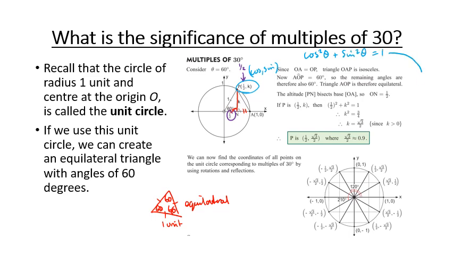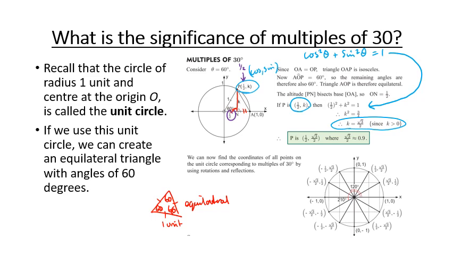Now we can use this formula and substitute our cosine value of a half in, which is where we get this from. We then solve the equation and end up with k equaling root 3 over 2. We've gone through this in the previous video, so please refer to them if you're unsure.